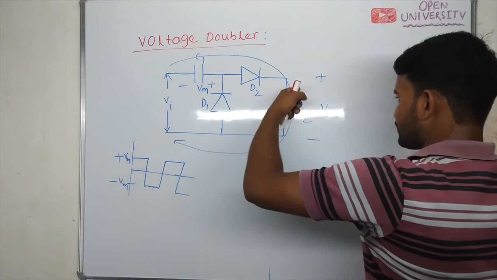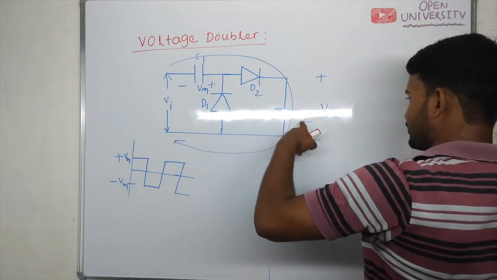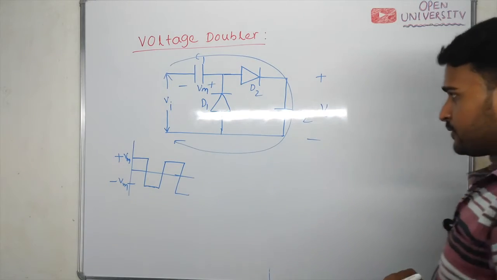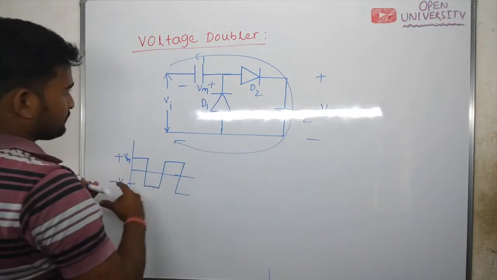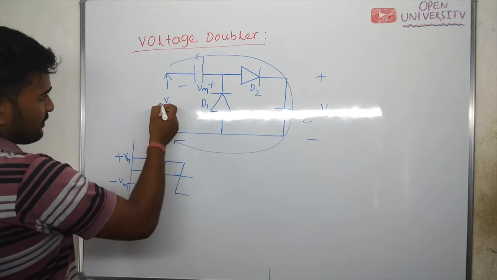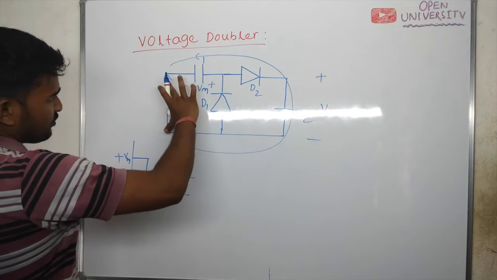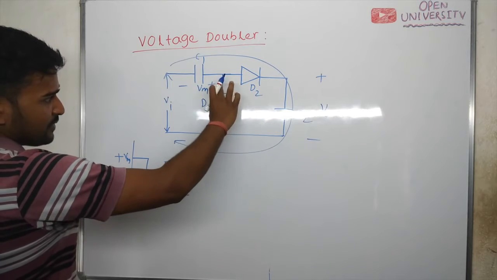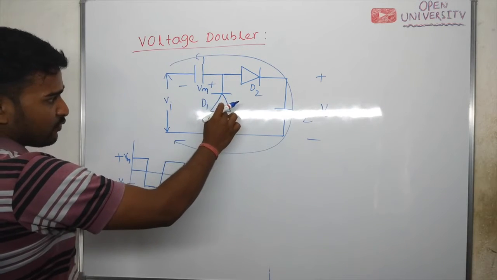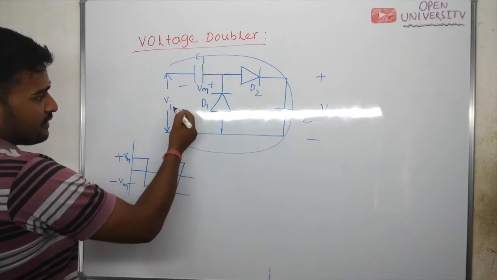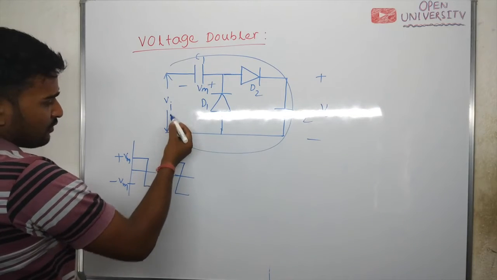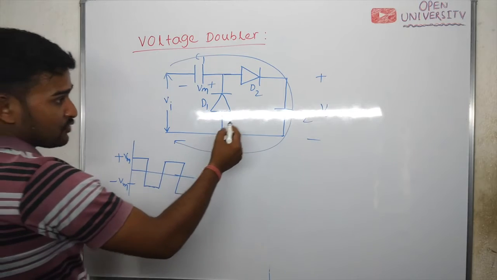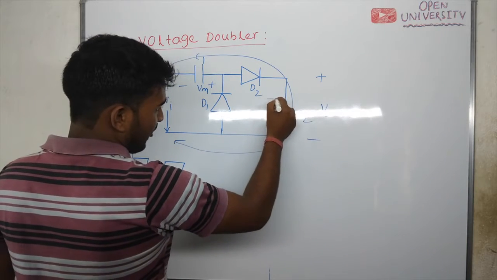Capacitor C2 will charge through D2 up to what? What is the net input voltage? This net input voltage will be Vc plus Vi. If you open circuit diode D1, what is the Vi value during positive half cycle? Plus Vm, that is 2 Vm. So capacitor C2 will charge up to 2 Vm.